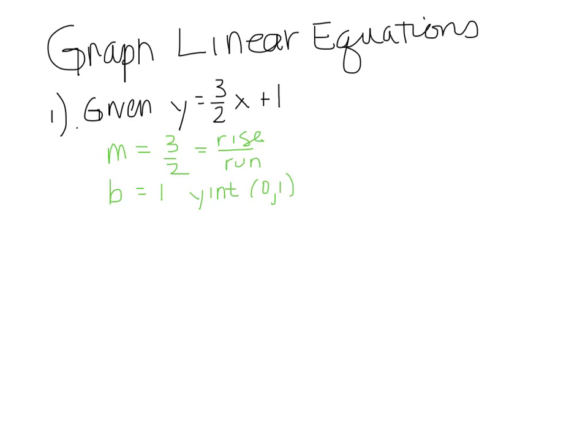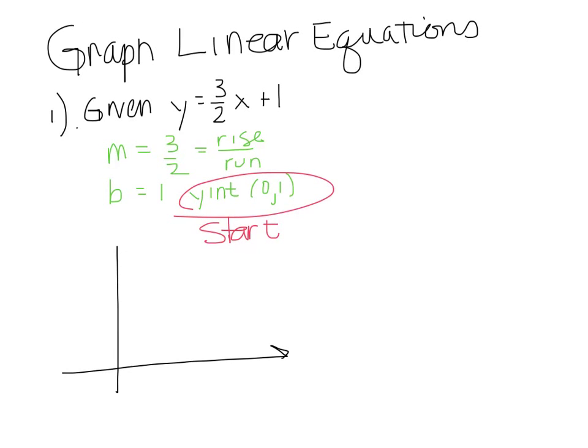So how do I use these two things together to plot a graph? You're going to start with this, okay? Always start with the y-intercept. So you're going to take a coordinate graph, and the first thing you'll do is plot this y-intercept.